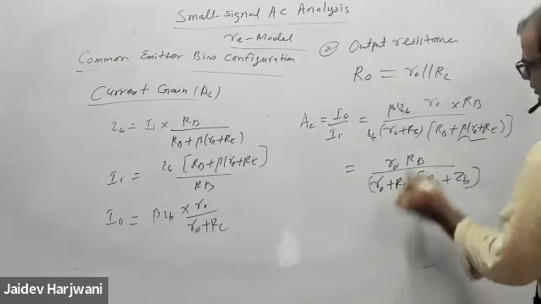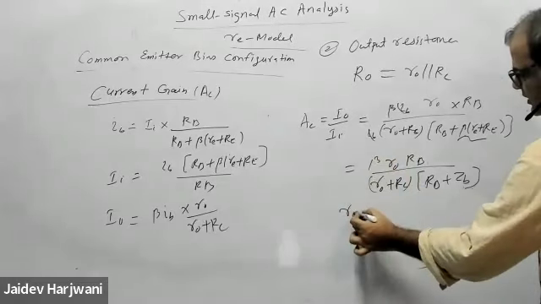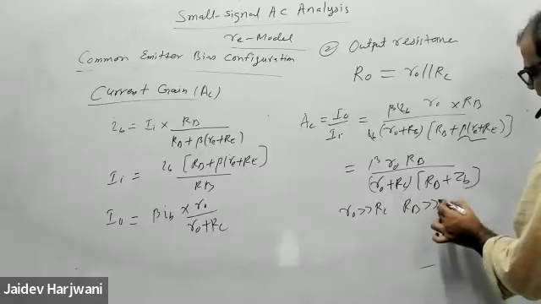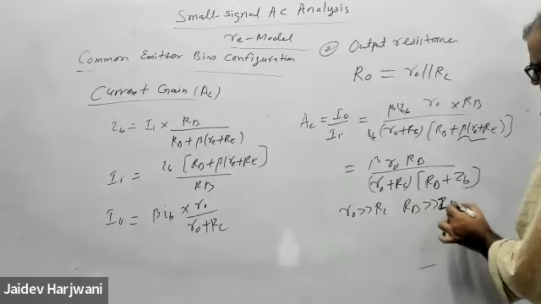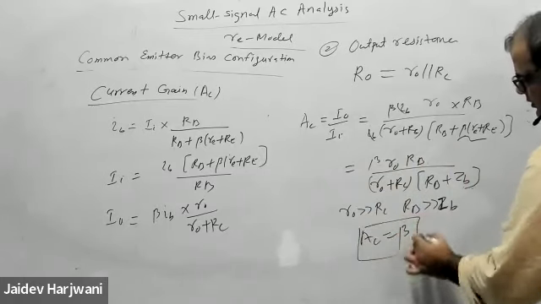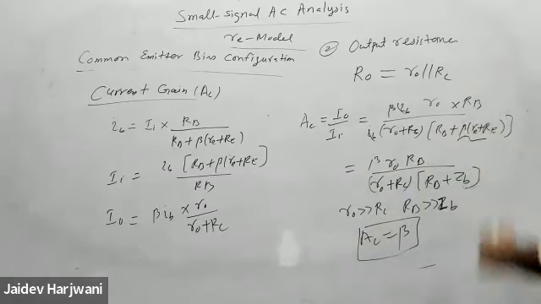Now, if R naught is greater than RC and RB is greater than ZB, then the simple formula will become again beta, or exact will be by using this formula.